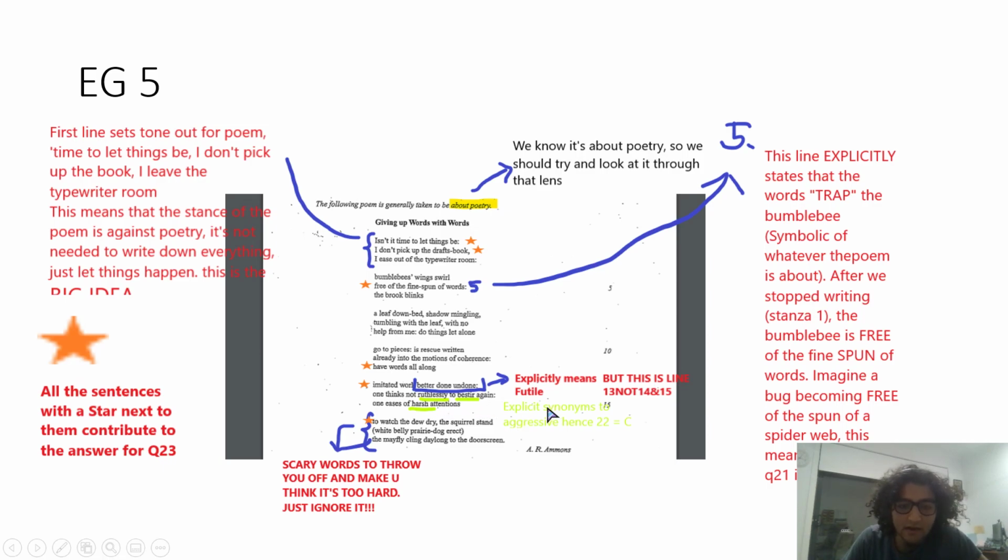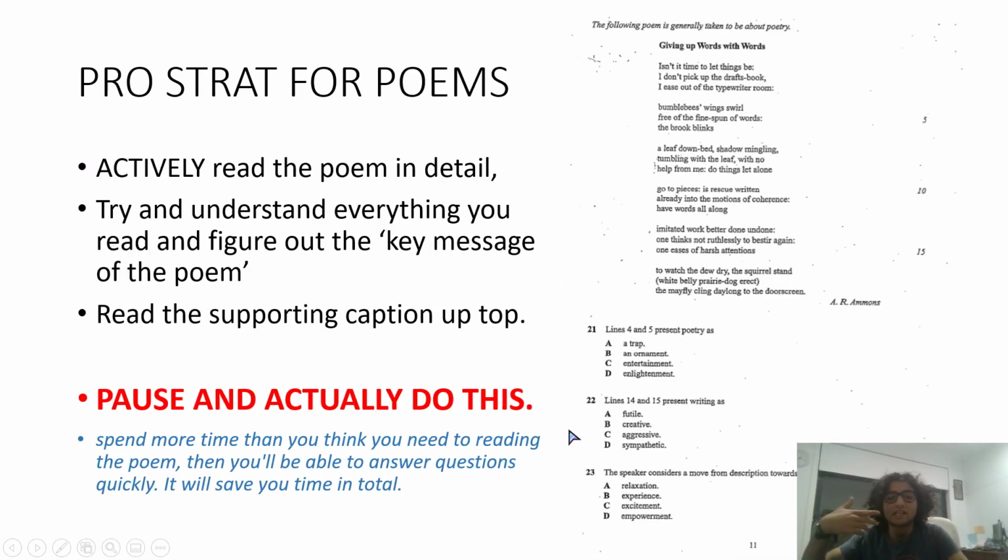Let's look at these words: ruthlessly, bestir, harsh. What's the vibe of that? That's aggressive, isn't it? That's a synonym of aggressive. So the answer is C, right? It doesn't need to exactly say it to be explicit.